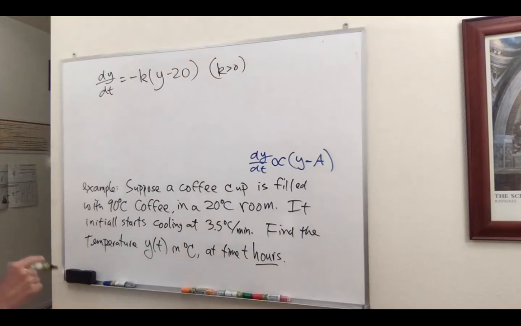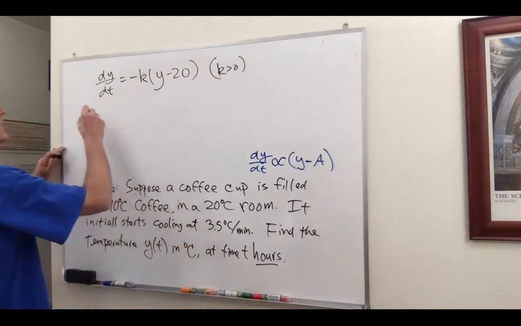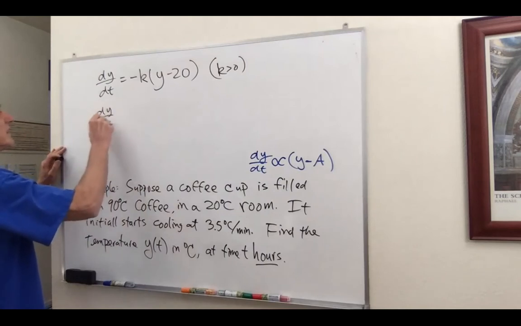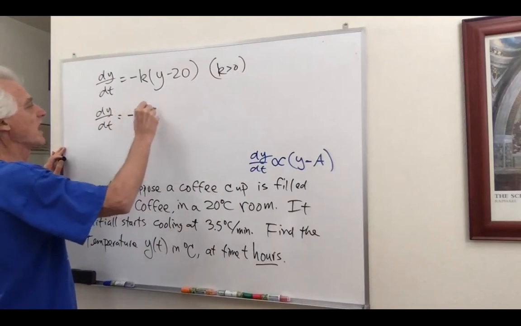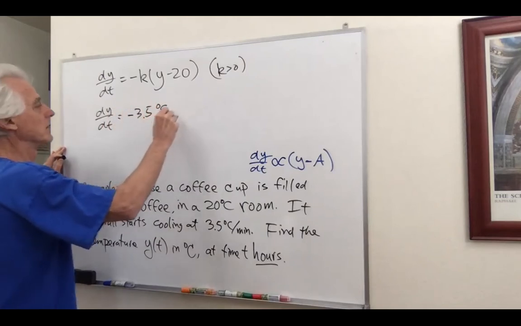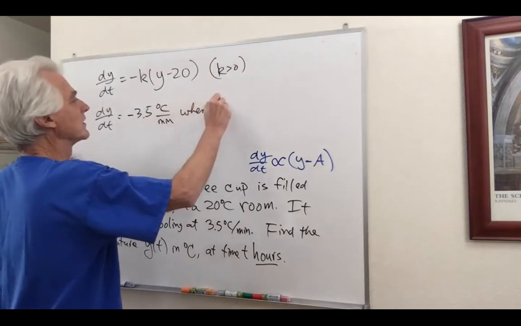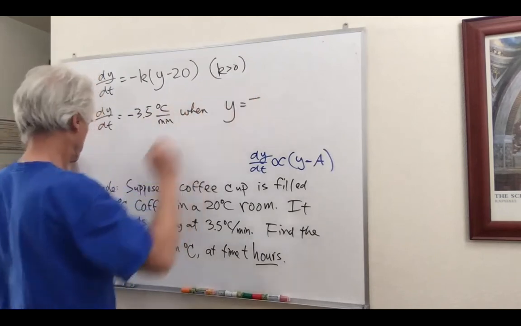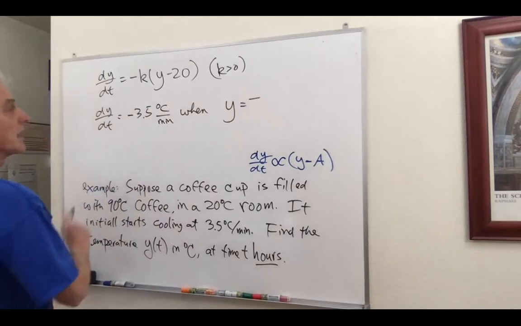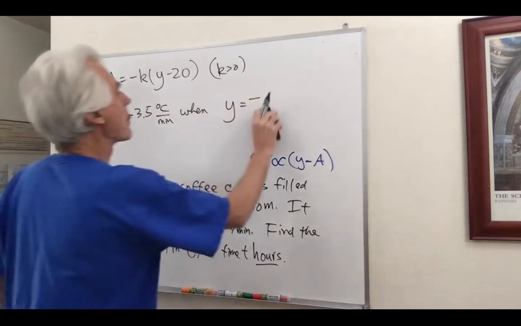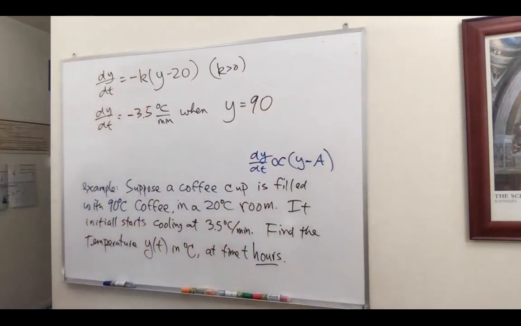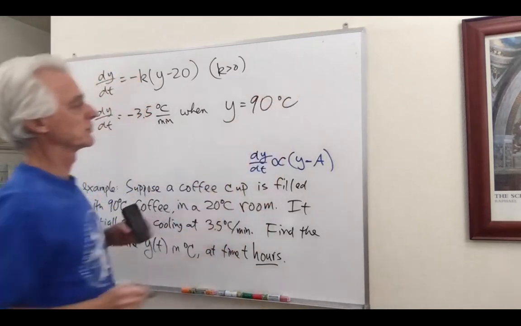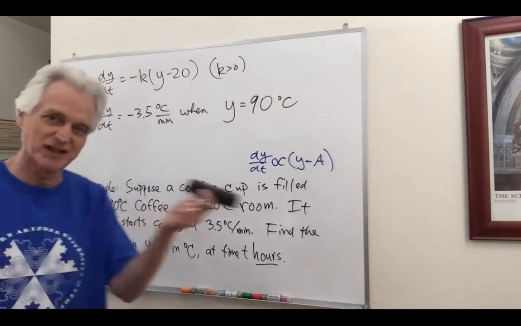Okay. So what we're saying here is that dy/dt for this problem is equal to negative 3.5 degrees C per minute when y equals 90 degrees C. Sometimes we put the units in, sometimes we don't.